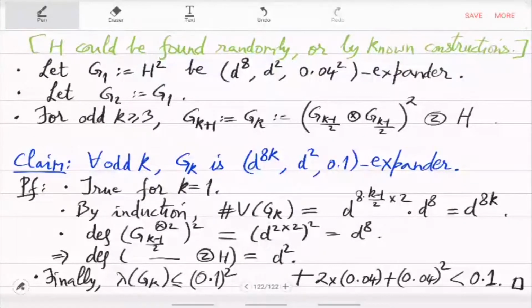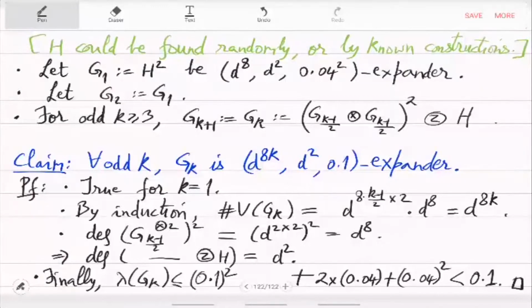So now we have an infinite family of expanders. Expansion is constant, 0.1, and degree is constant, and the size of the expander is exponential in k. But now we have to check strong explicitness. How explicit is it?